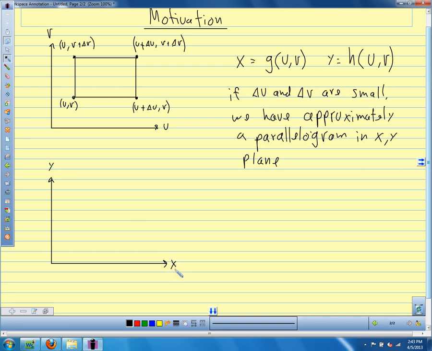So there's y, x. So we have some kind of approximate parallelogram, and I'll label the vertices here M, N, P, and Q.